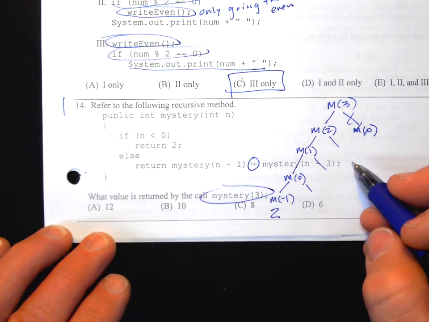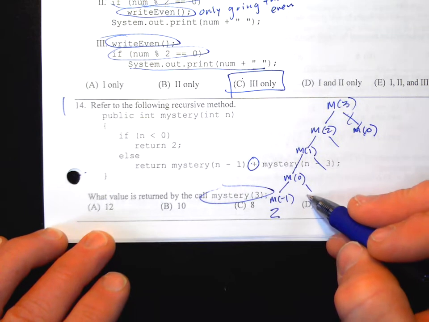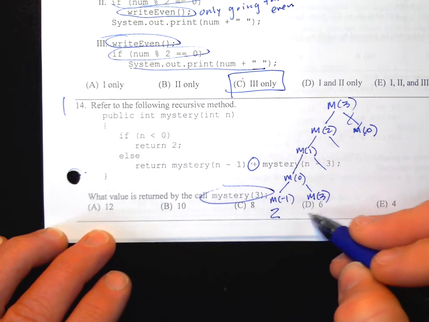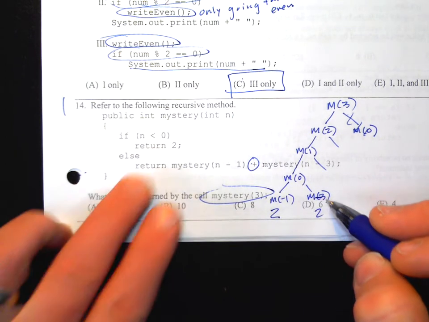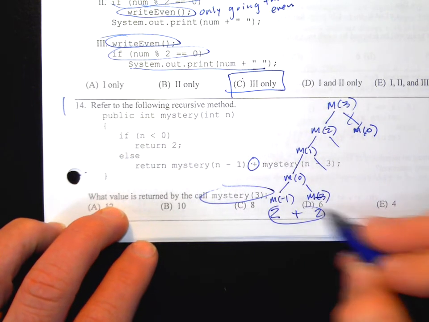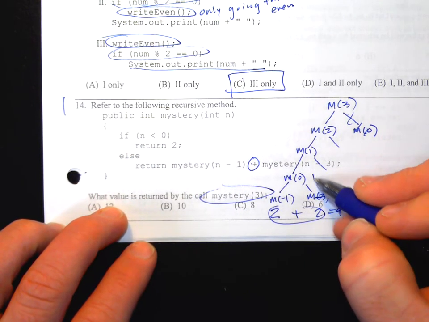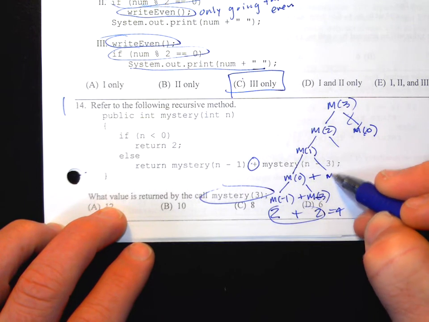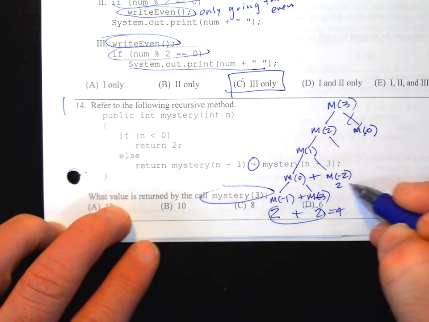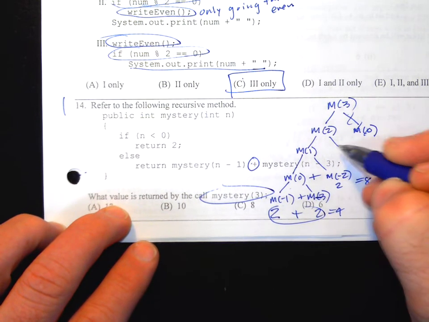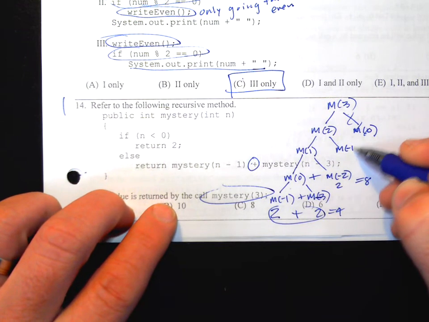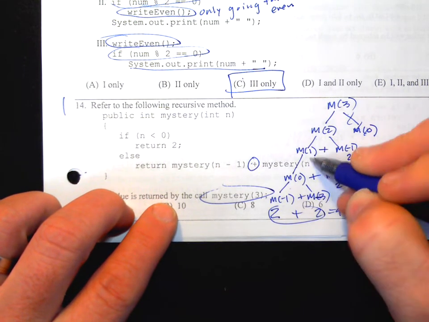So it goes back up here, and it calls mystery 0 minus 3, which is -3, and that returns a 2. If any n value is less than 0, it returns a 2. So it adds those together, and that gives you a 4. Then it comes up here and also calls mystery 1 minus 3, which is -2. That returns a 2. 4 plus 2 is 8. Then it comes up here, and this calls 2 minus 3, which is -1. That returns a 2. 8 plus 2 is 10.